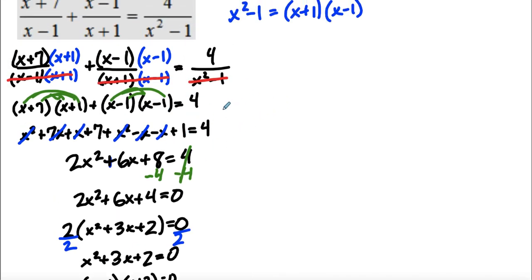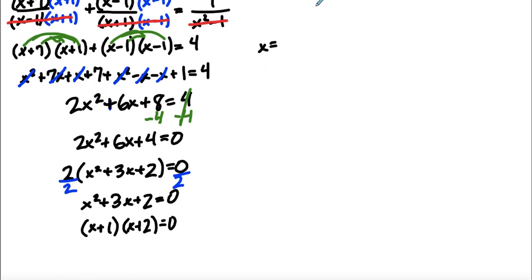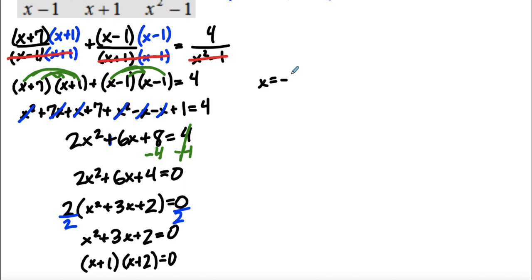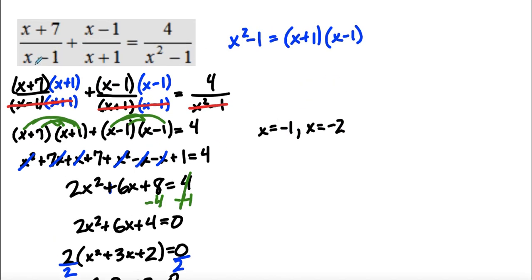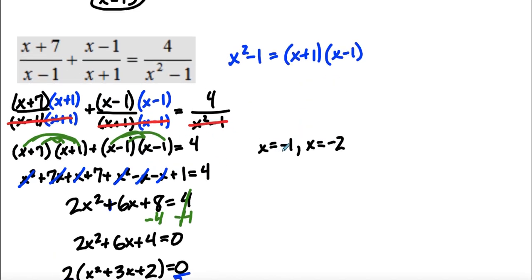I'm going to write my solutions up here at the top so we can see them with the function. That's going to be x equals -1 from here, and then x equals -2. Now, last thing you got to do is check for extraneous solutions. Now look, if I input -1 here, -1 plus 1 gives me a 0. So that is an extraneous solution.